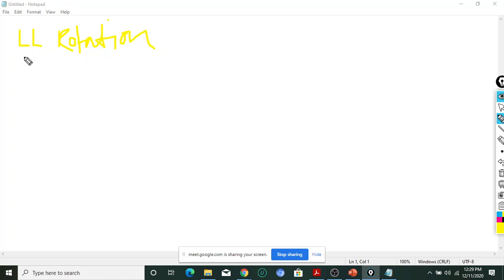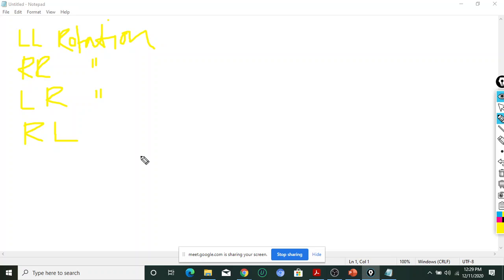Then RR rotation, and LR rotation, and RL rotation. So how many rotations are required? Only four rotations are required.